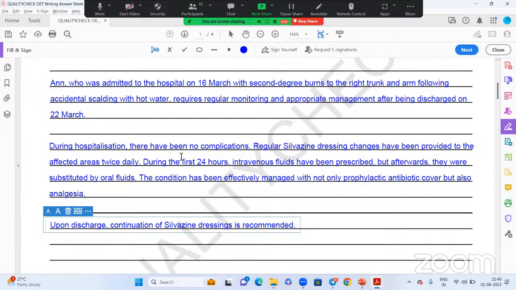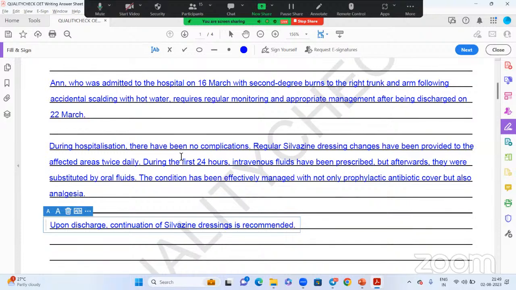Space. So continuation or ongoing silvazine dressings, or continuity of silvazine dressings, or continuing silvazine dressings. See here, I am giving you different types.